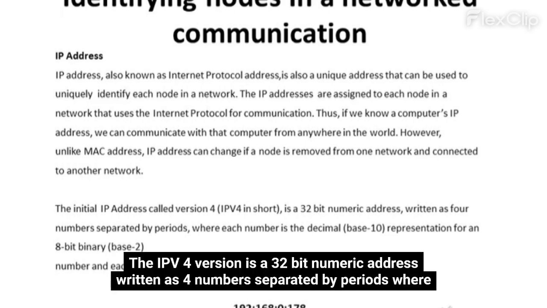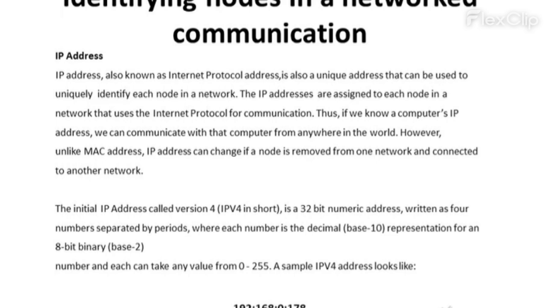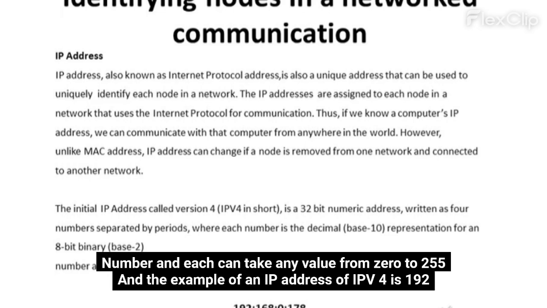The IPv4 version is a 32-bit numeric address written as four numbers separated by periods, where each number is the decimal base 10 representation of an 8-bit binary base 2 number. And each can take any value from 0 to 255.